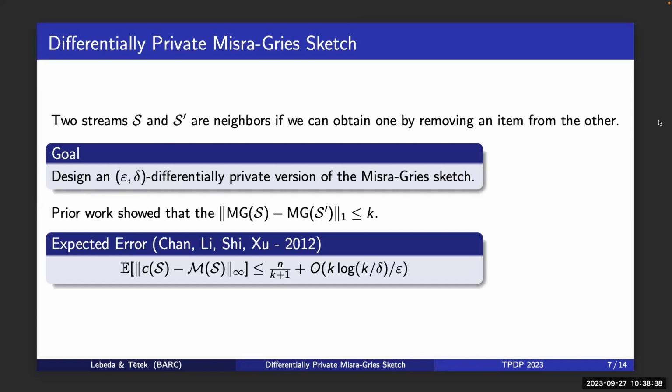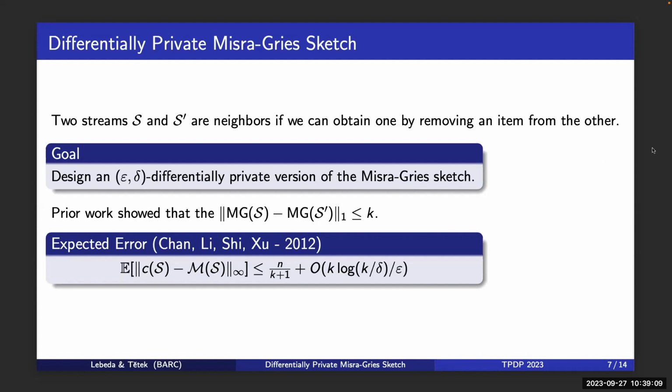And we are not the first people to come up with this idea. Prior work has shown that the L1 sensitivity of this sketch is k, again with k being the size of the sketch. So this is great news because then we can apply all sorts of our standard techniques for how to make these things private by adding Laplace noise, and then we end up with the error that you can see down here.